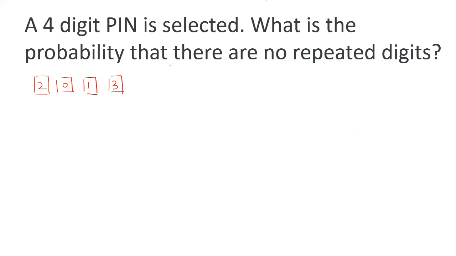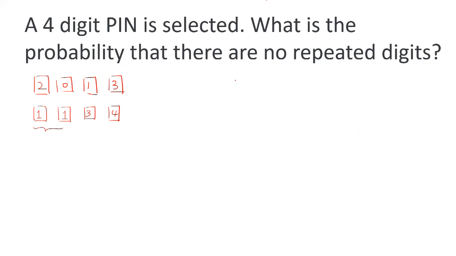What is the probability that there are no repeated digits? What does repeated digits mean? Repeated digits mean, for example, 1, 1, 3, 4. The two ones here are repeated digits, right? So if we select the 4-digit pin, can you find the probability that there are no repeated digits?